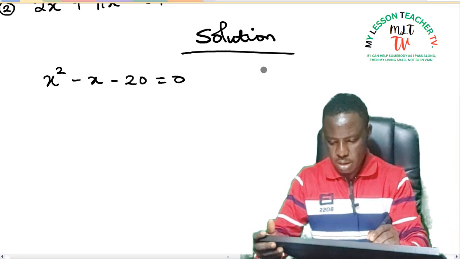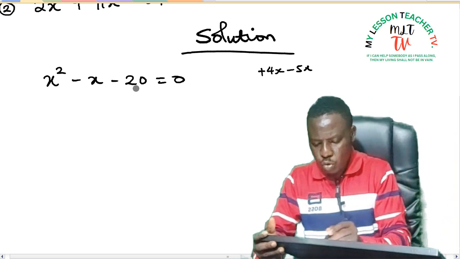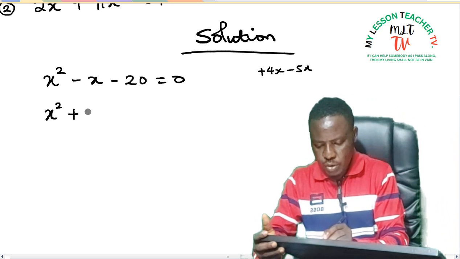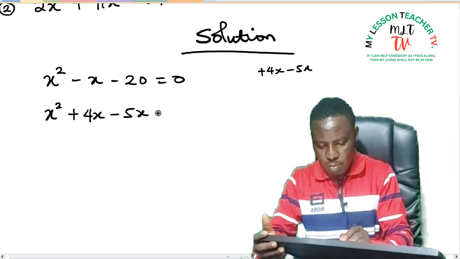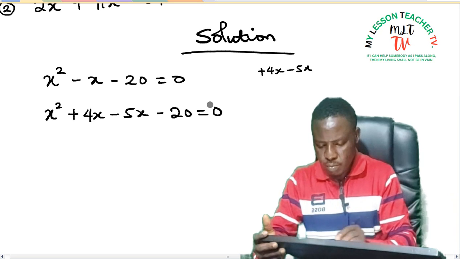So I'm looking at minus 5x plus 4x. So these two will go. We are going to substitute it with the middle term. This becomes x squared plus 4x minus 5x minus 20 is equal to 0.